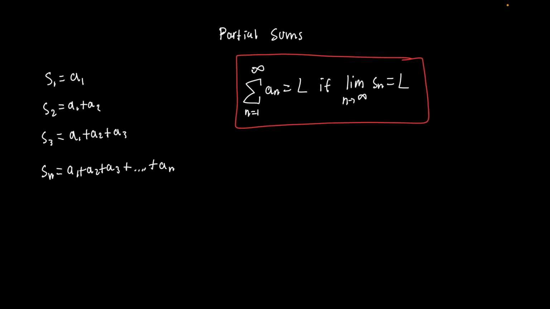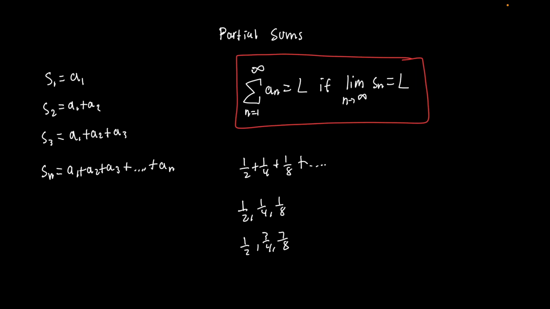Let's do an example really quick to clear this up. Say we have the series 1/2 plus 1/4 plus 1/8. The terms are just 1/2, 1/4, and 1/8. However, the partial sums are 1/2, 3/4, 7/8.